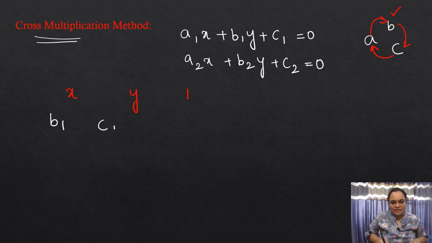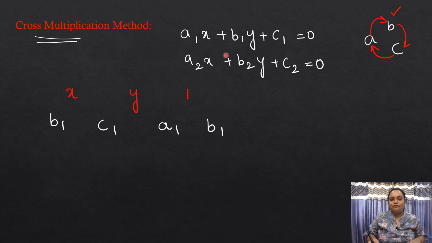After C1, you will go to A, so take A1, and write it in between y and the constant. After A1, you will come back to B1.